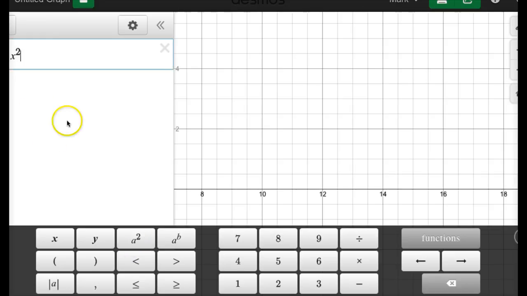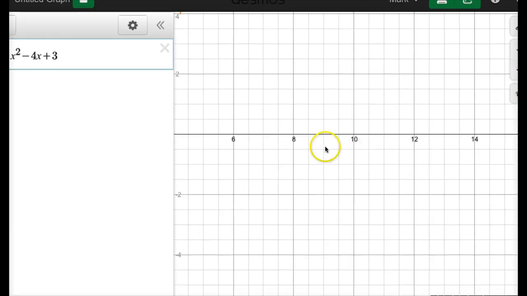It'll put a little squared on your x. And then you type in minus 4x. You can just type that in, or you can use your keyboard, whatever way you like. And then plus 3. Oops, I put equals 3. Plus 3. When you type something wrong in, a lot of times it gives this. That's like saying no.